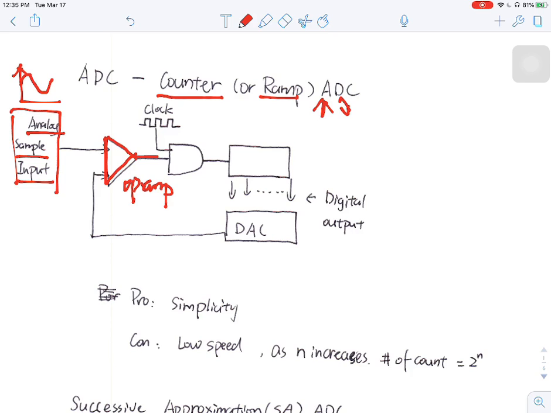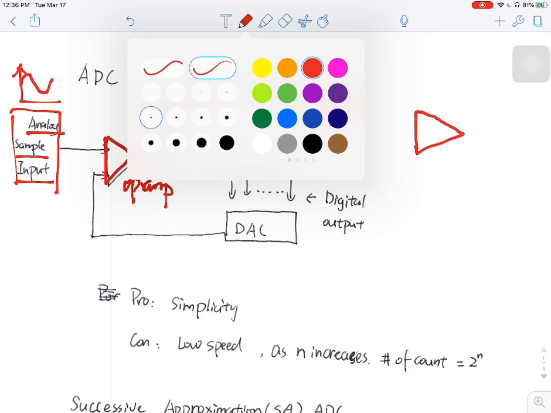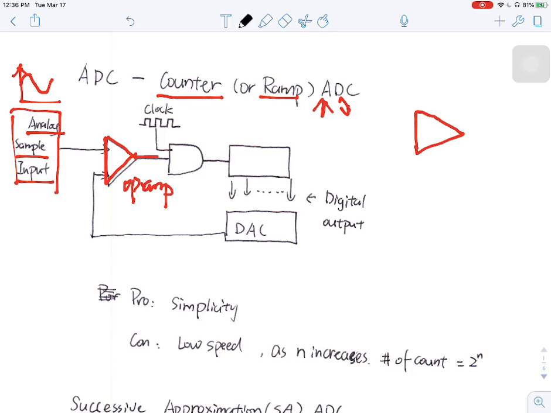All right, a comparator is an op-amp, and let's change the thickness. So at this op-amp, there's an inverting side and non-inverting side, and this is the output.